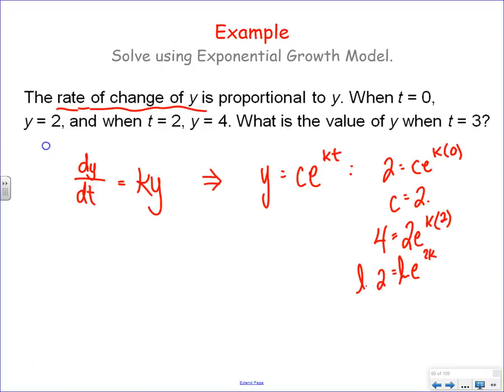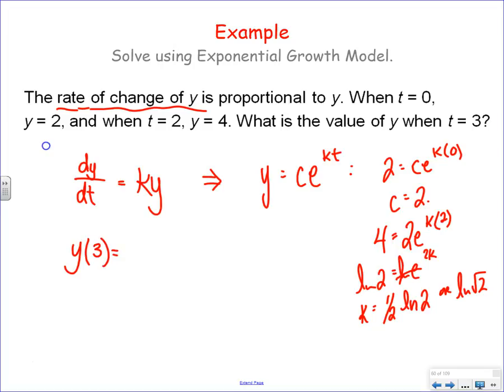Throw in an ln to get rid of the e. Divide by 2, we have k is equal to 1/2 ln 2. How else could that appear? ln of the square root of 2. Yeah, we'll do or. ln of root 2. Both ways work.